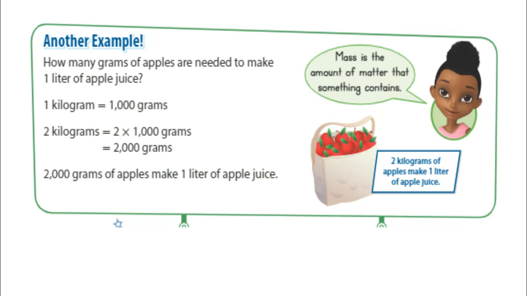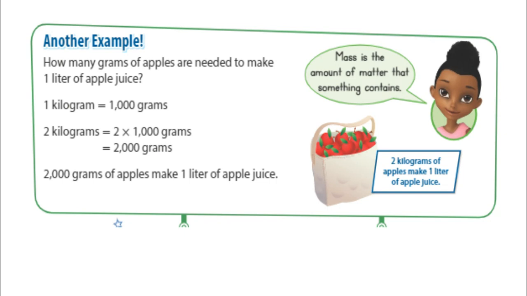Right? Here's another example about some apples and apple juice, kind of making me a little thirsty here. If you look at the bag of apples, there's a little blue box next to it, and it tells you that it takes 2 kilograms of apples to make 1 liter of juice. The question up at the top is, how many grams of apples are needed to make a liter of apple juice?